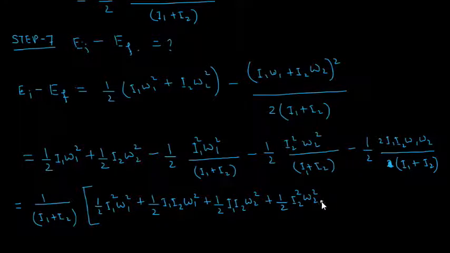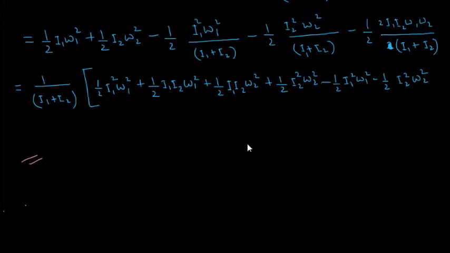After that, minus half I1 square omega 1 square minus half I2 square omega 2 square. After that, minus I1 I2 omega 1 omega 2, bracket closed.